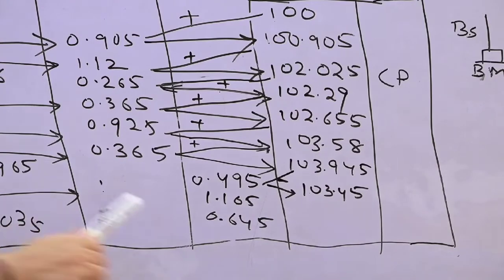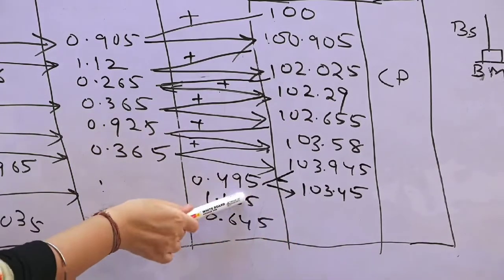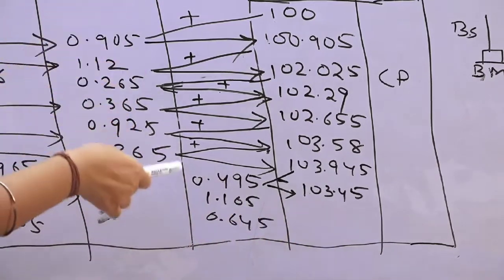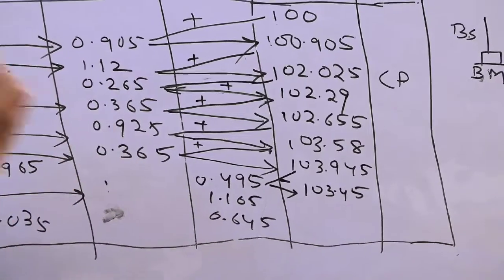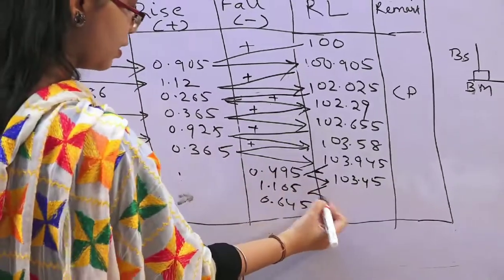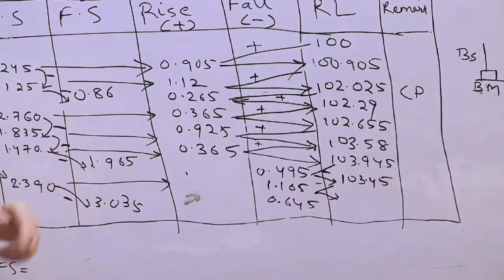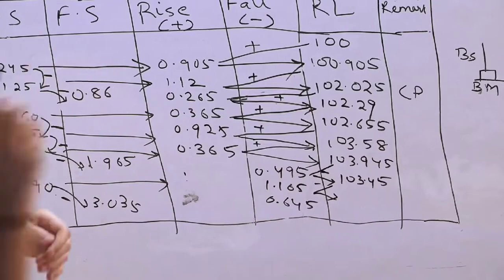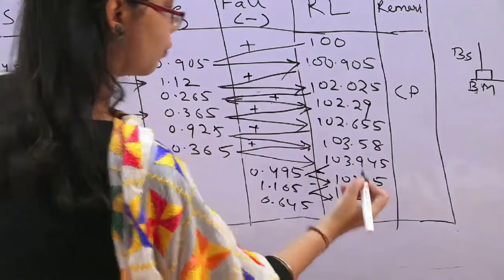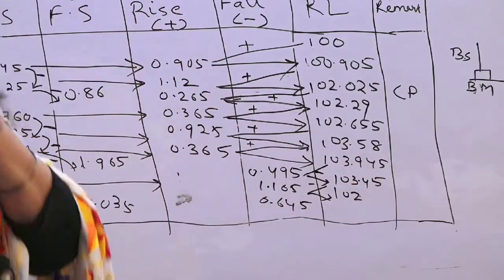Similarly, again this value minus this value, because this comes under fall, we subtract: 103.45 minus 1.165 gives 102.285.